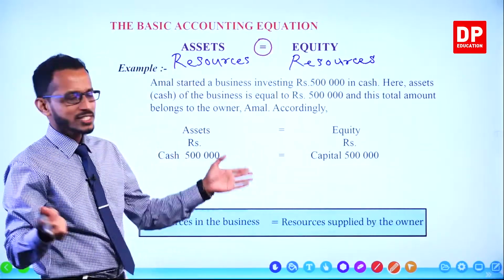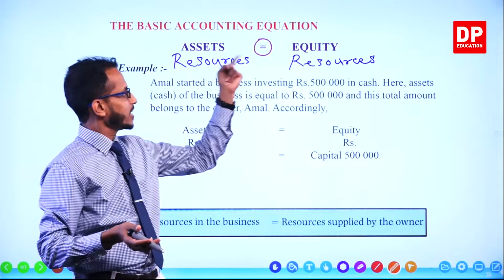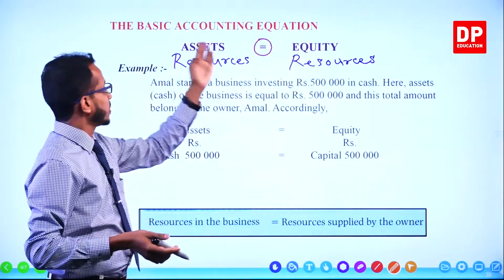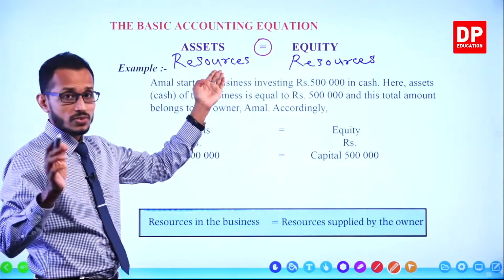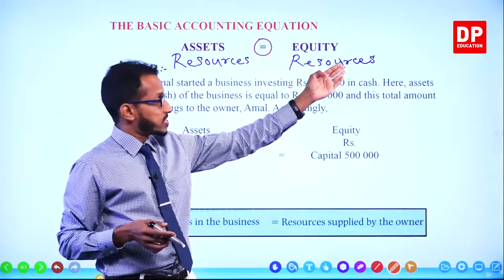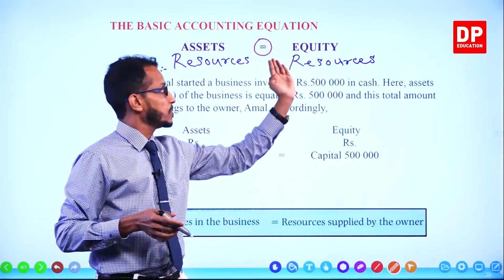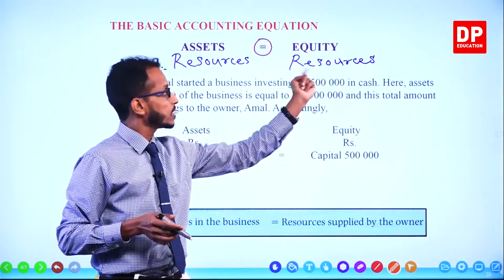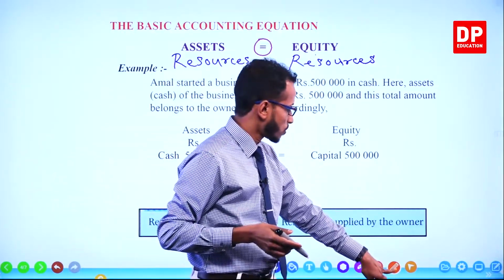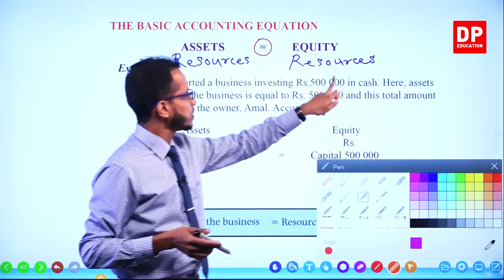In the equation it shows that assets are equal to equity. And we know that all the resources in a business are called assets. Out of those assets, the resources which belong to the owner are called equity.